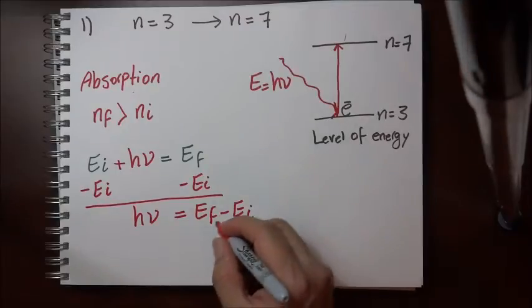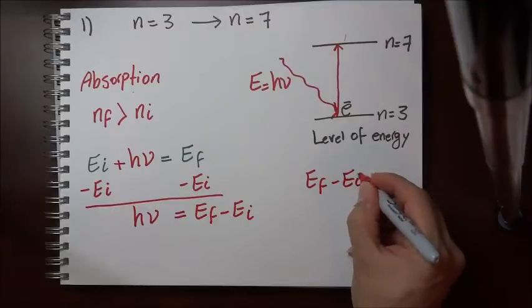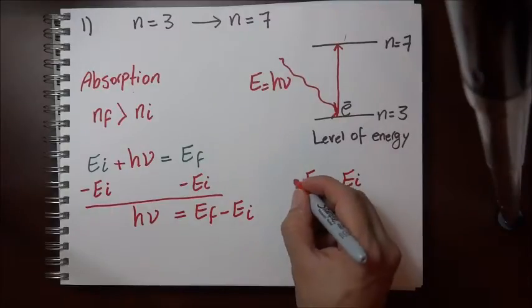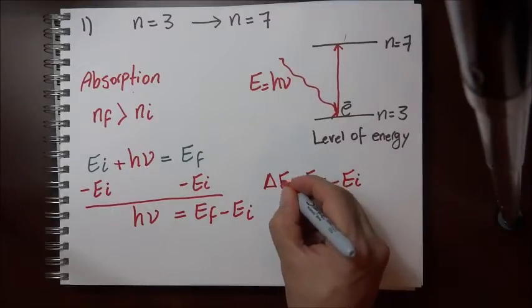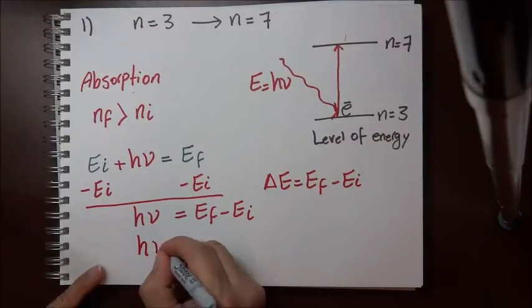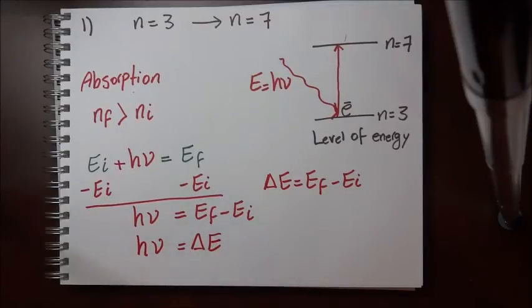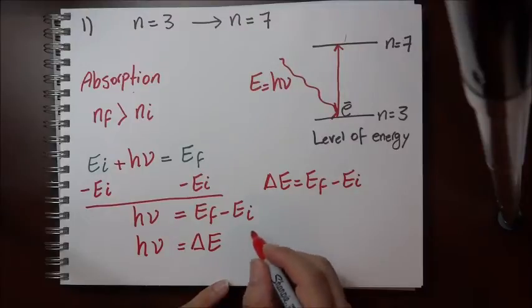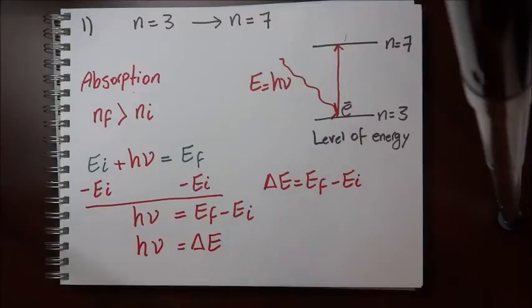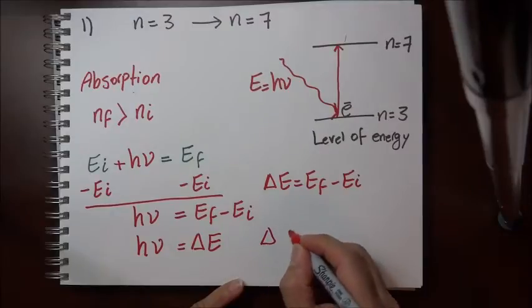And you know that E final minus initial energy, we can name it delta E, change with energy. So h nu will be equal to delta E. Well, we know electron transfer, change with energy during electron transfer, can be calculated through this formula.